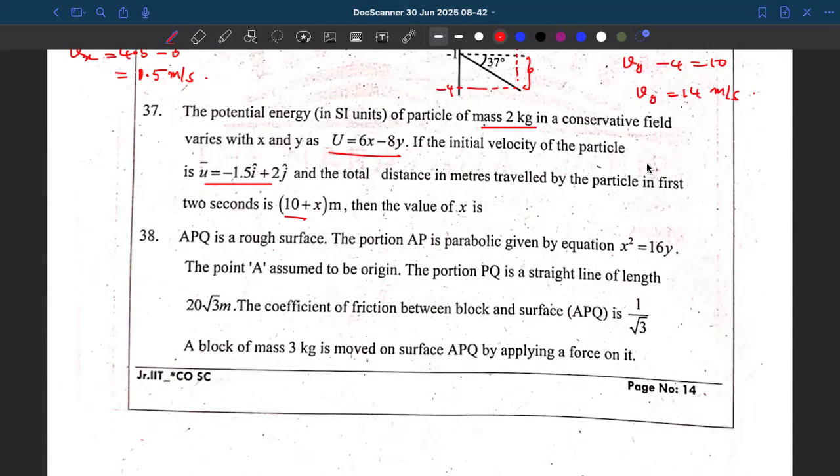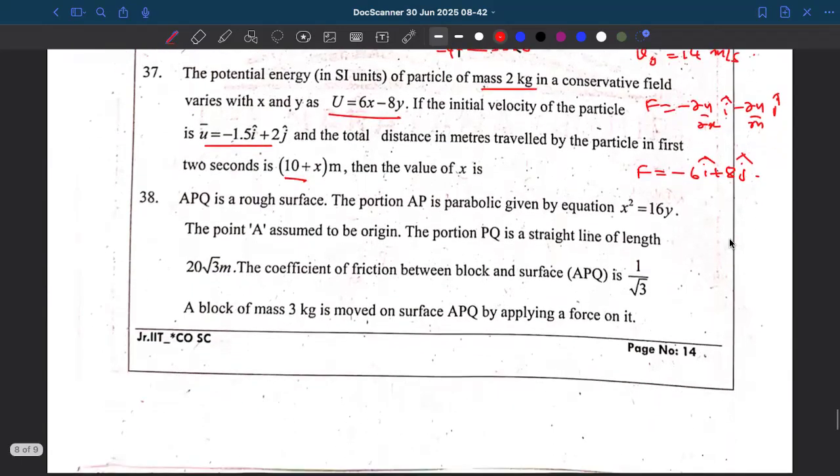F is minus dou U by dou x i cap minus dou U by dou y j cap, so F is minus 6 i cap plus 8 j cap. That's the acceleration.